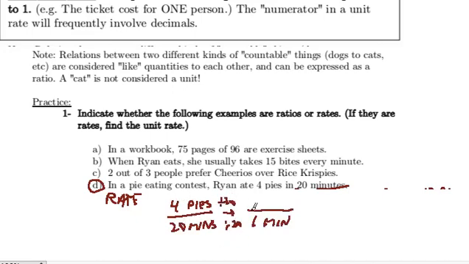And when I'm dealing with unit rates like this, sometimes I'll get non-integer values for my rate. And that's okay. That's acceptable in unit rates. So if I divide 20 minutes by 20 to get to 1 minute, I divide 4 pies by 20 to get to 1 minute. And 4 divided by 20 just gives me 0.2, not minutes, 0.2 pies per minute.